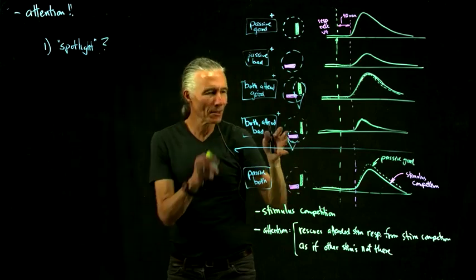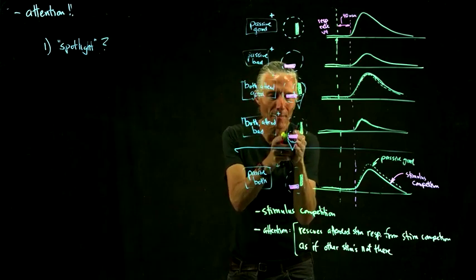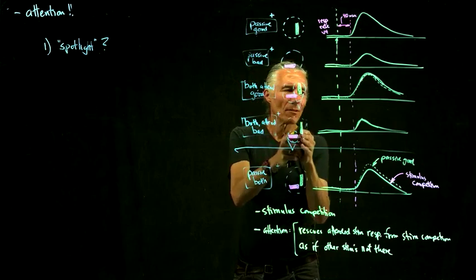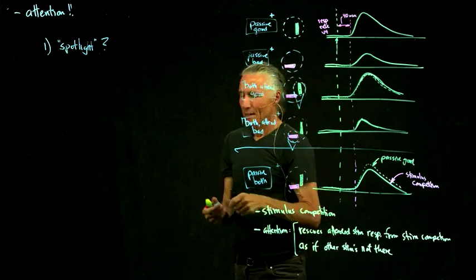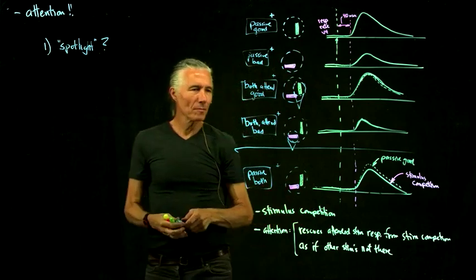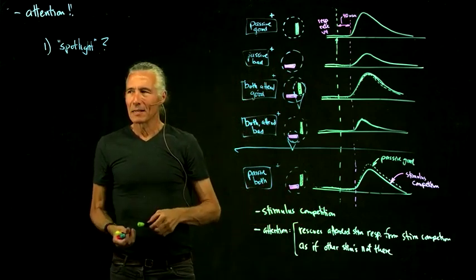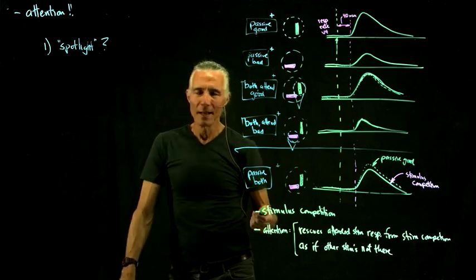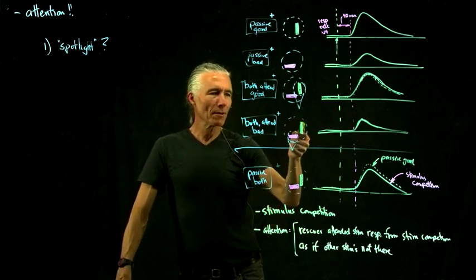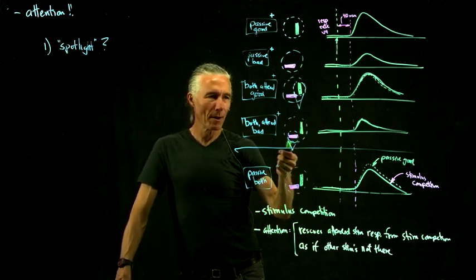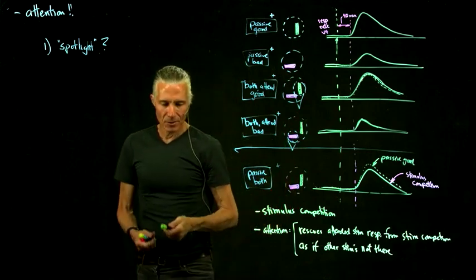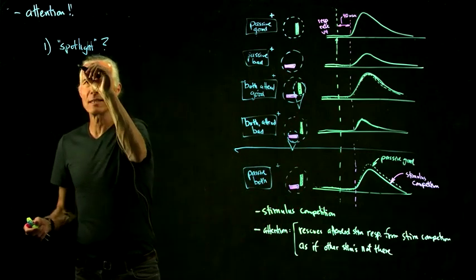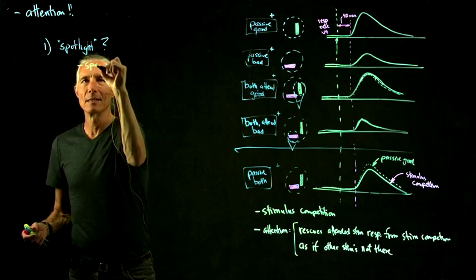In other words, is there a little spotlight that just hones in on the red bar and ignores the green bar? One of the problems is, how would you distinguish that from something that just looks for green bars wherever they are, or looks for red bars wherever they are? So is it actually a spatial spotlight?